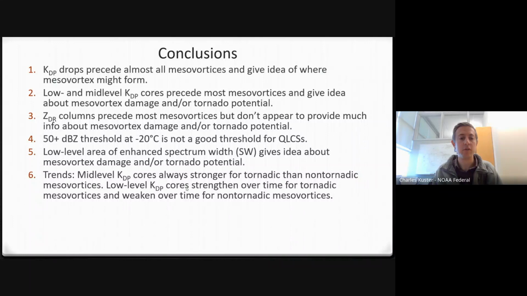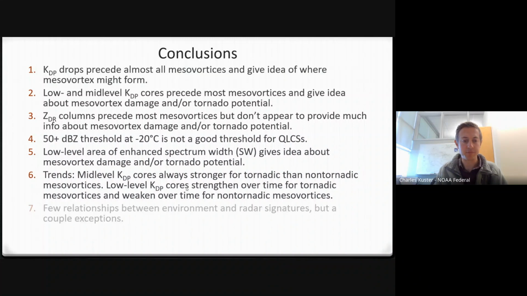Through input from some of the research team, trends are really important. So we dove into looking at trends, and the KDP cores once again had some interesting results there, especially with the low-level KDP cores. There was a difference in the trend between tornadic and non-tornadic mesovortices. So tornadic mesovortices had strengthening low-level KDP cores, non-tornadic mesovortices had weakening low-level KDP cores.